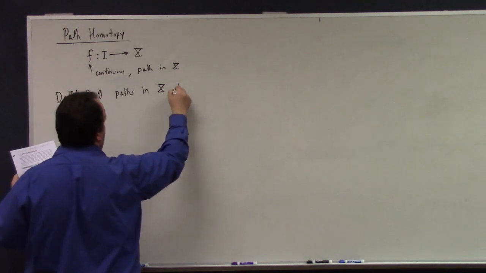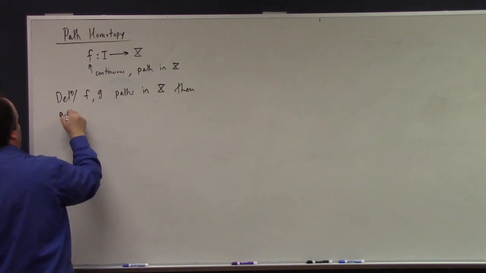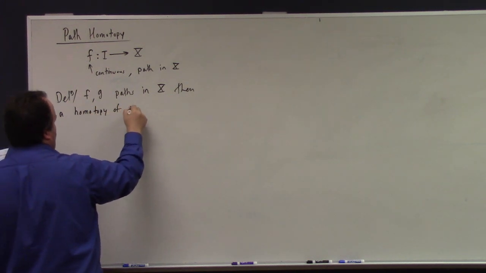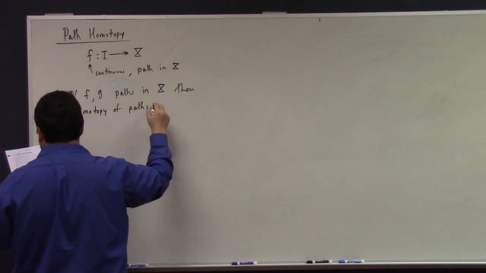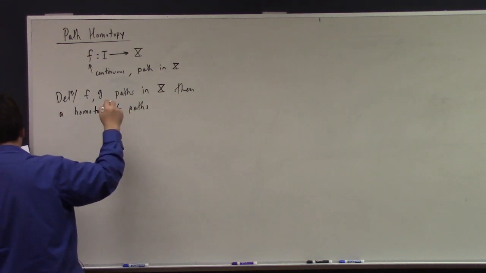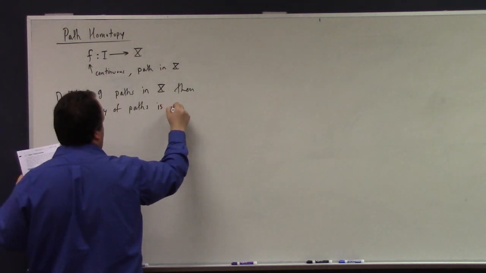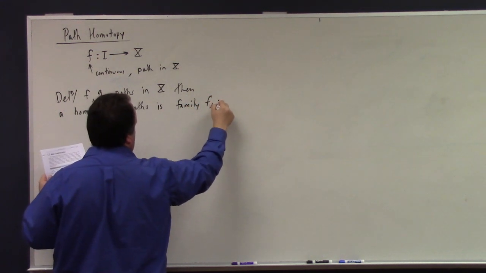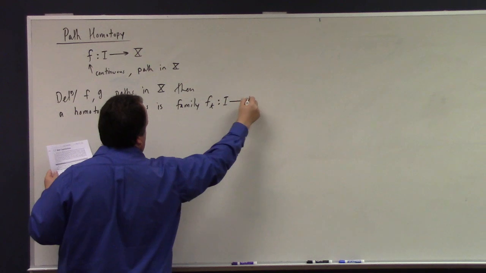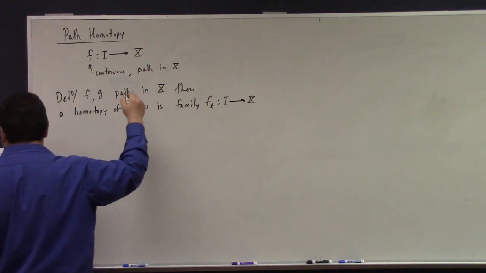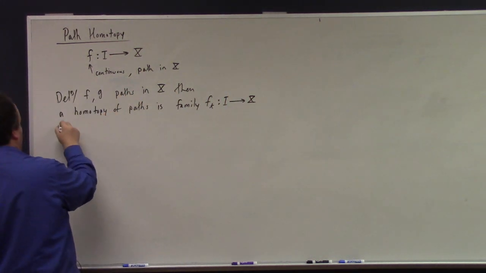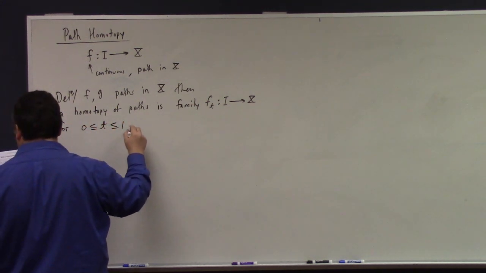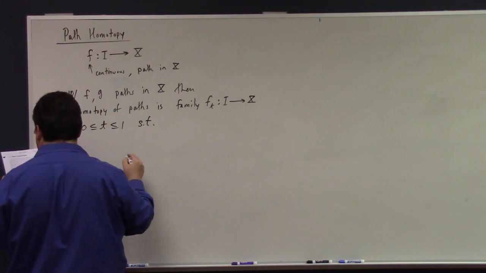Then a homotopy of paths is a family f sub t, which is again a mapping from I to x, for 0 less than or equal to t less than or equal to 1, such that what?